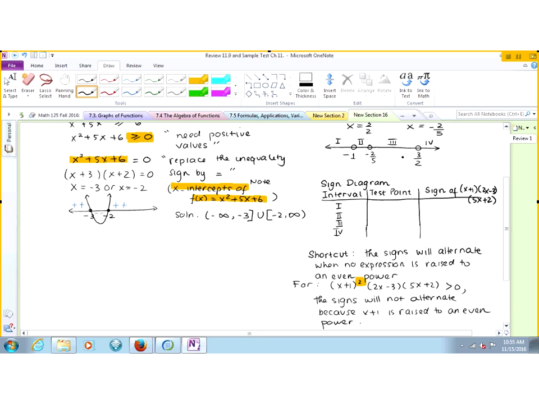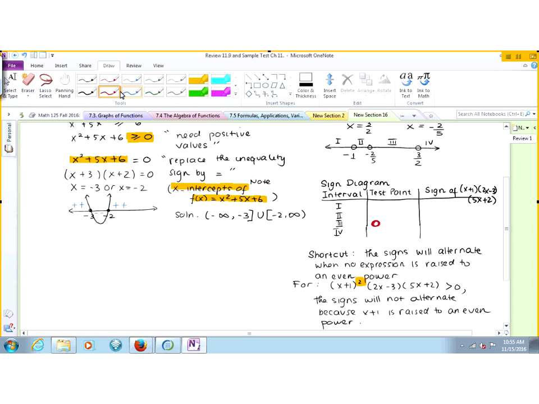Now, what is the easiest number that you can pick? 0. Okay. So where is 0 located? Is it in interval 1 or 2 or 3? 3? Okay. So I'm going to put a 0 here for my test point, on my 3rd interval.